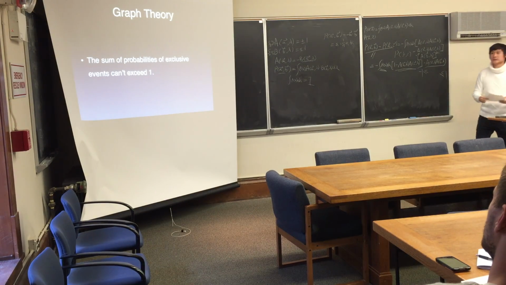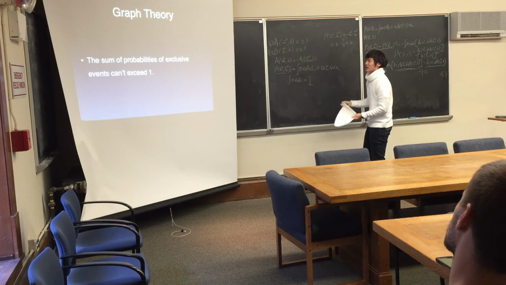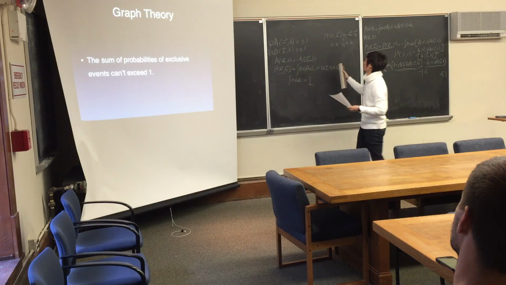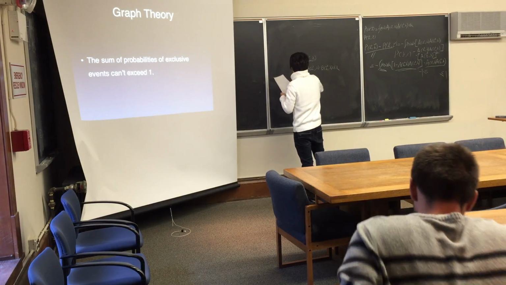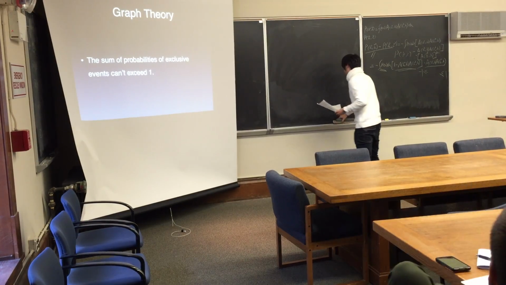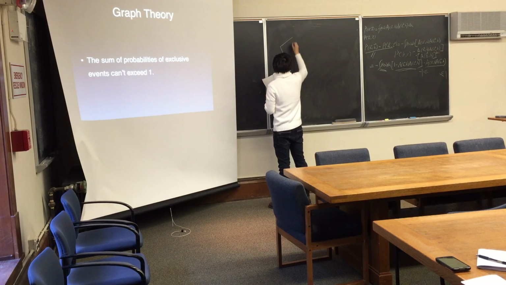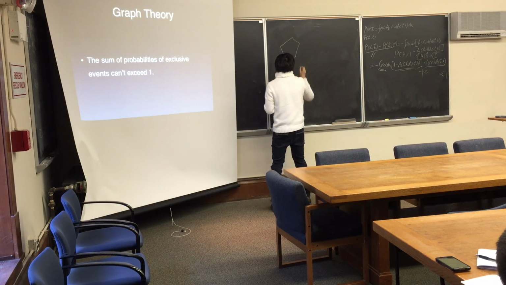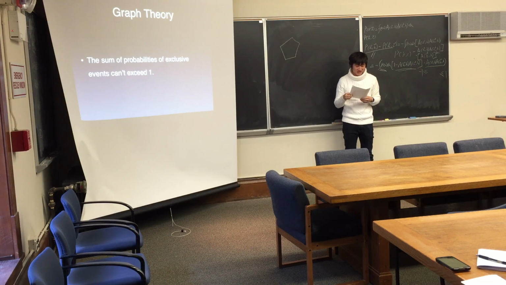Okay, so I will get started looking at the graph theory transform. Maybe I already mentioned it before. This one is called the bad drawing, the magic pentagon.